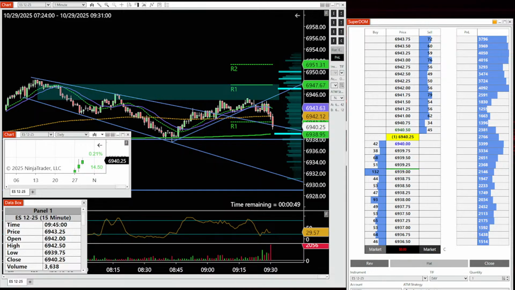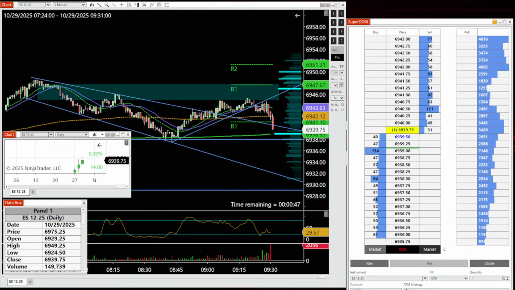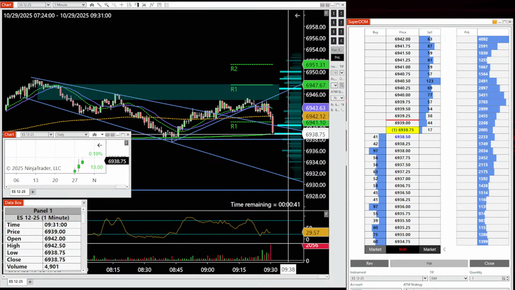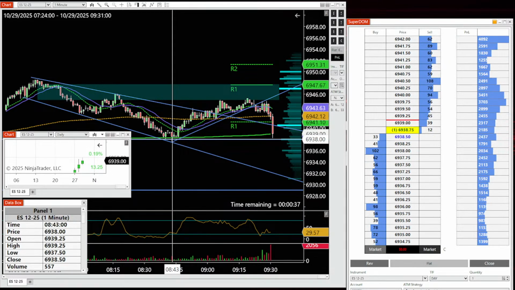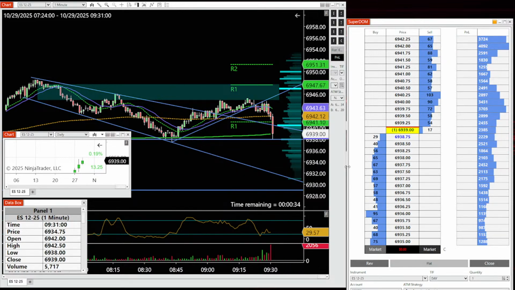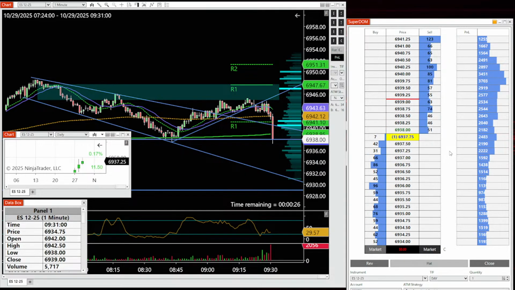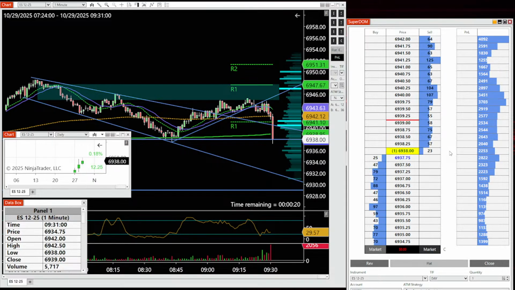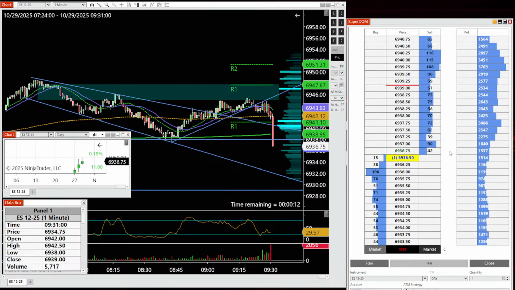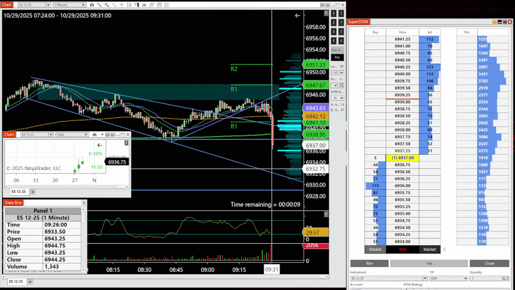We're still in an uptrend. Got some orders coming in here. Low is 37. Looks like it's breaking VWAP. May come down to test this trend line.